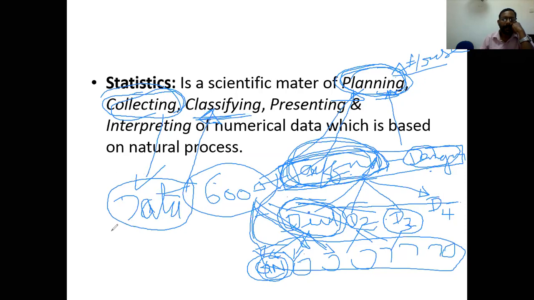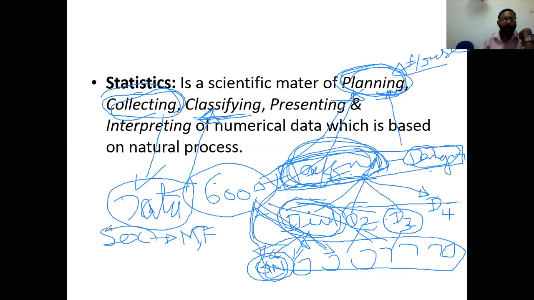For example, I take sex. How many sexes are there in human beings? Male? Female. Two categories.